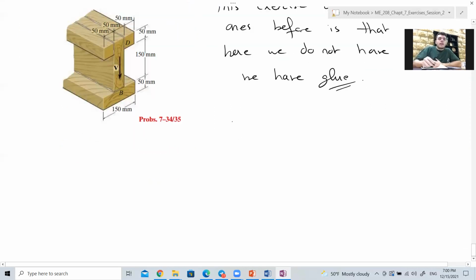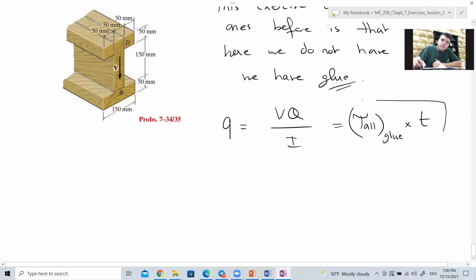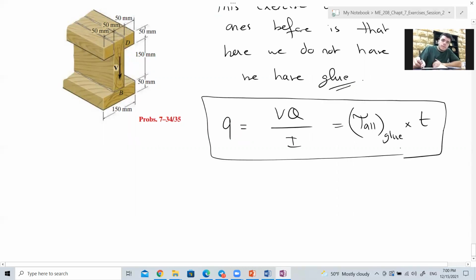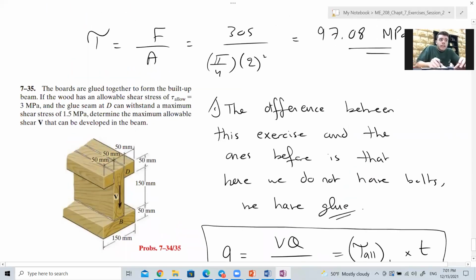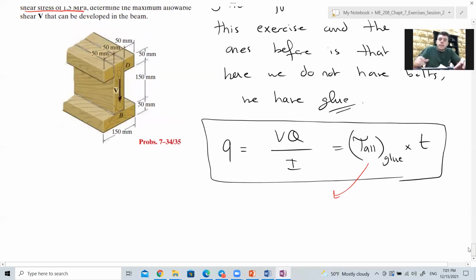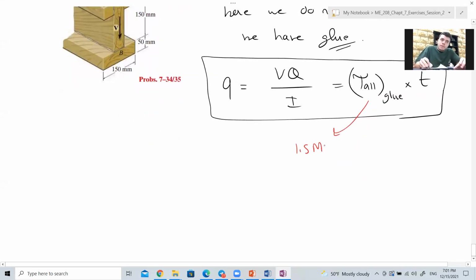شو بنعمل لما يكون في عندنا glue؟ لما يكون في عندك glue السمول q يلي هي VQ over I بتبطل equal ل NF over S، لأنه ببطل في N و S، بتصير equal للتاو allowable of the glue multiplied by T. هيدي نيو فورمولا ما شرحناها باللكتشر. تاو allowable هي تاو allowable للجلو، يعني عم بقول لك هون the glue can withstand a maximum shear stress of 1.5، يعني كأنه allowable of the glue is 1.5 megapascal. والتي هي the length وين حاطط glue انت.